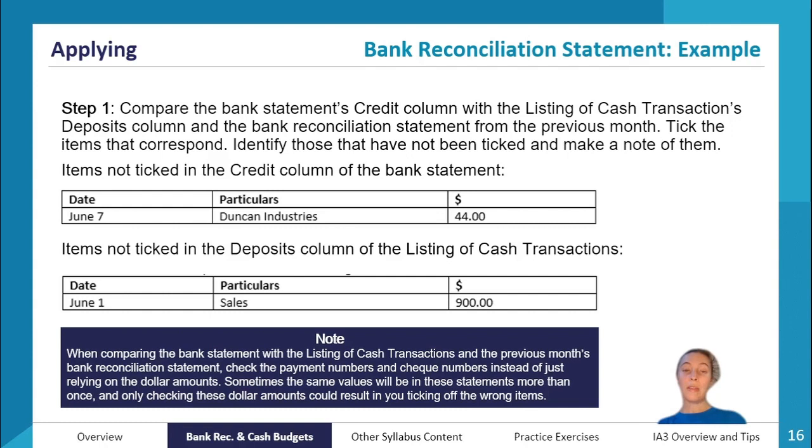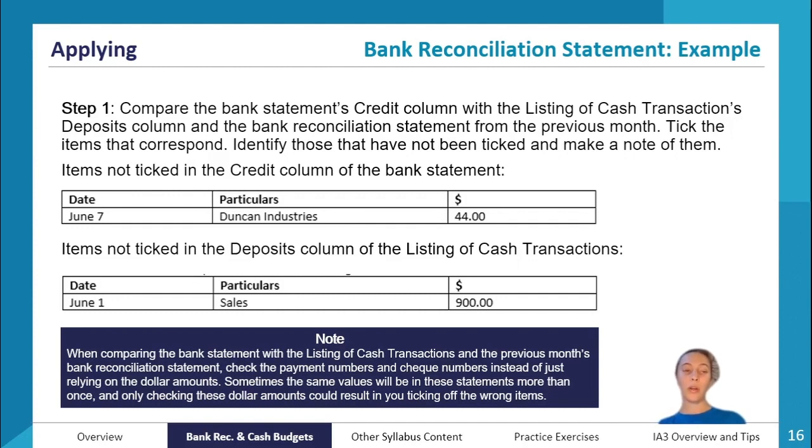So the bank statement's credit column and the listing of cash transactions deposits column. Here we have then identified what items have not been ticked, and we've got the little extracts here.